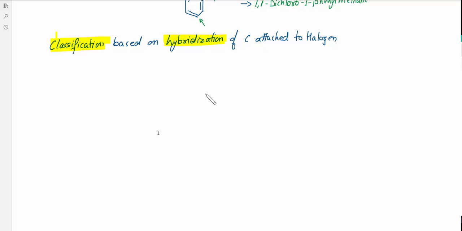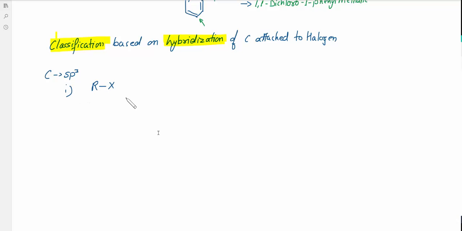Now if we consider only sp3 hybridization, let us consider the case where the carbon is in the sp3 hybridization state. Now again there are 4 types in that. That will be when these are connected to alkyl, that is say for example RX.